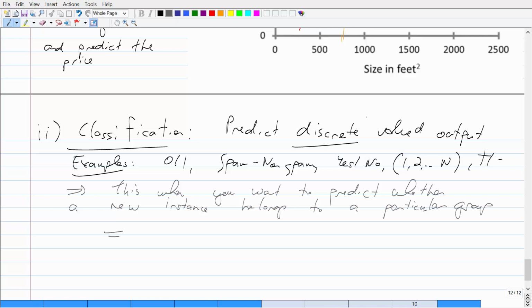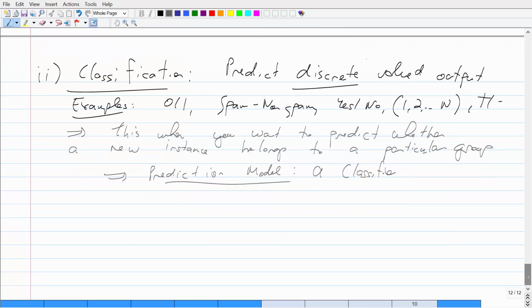Okay, so the prediction model here is also known as a classifier because you're trying to classify a point to belong to one of a certain number of groups. So the prediction model is also known as a classifier because you're trying to classify whether or not the point belongs to a certain number of groups.